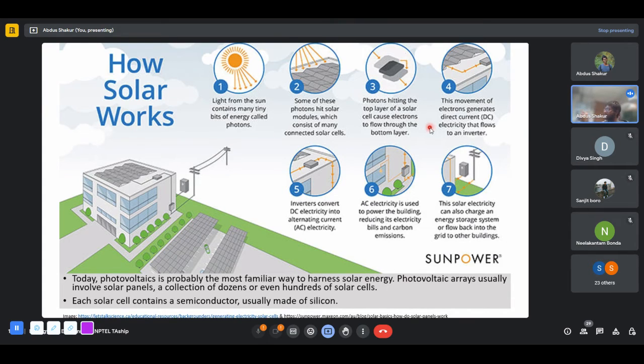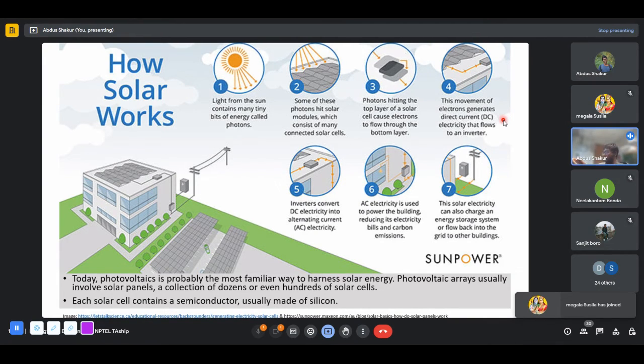The electrons in the silicon get excited, and this causes electrons to flow through. There are two layers of silicon laid on top of each other. The electrons move through those layers, and the movement of these electrons generates the flow of electricity. Electricity, if you know, is just the movement of electrons.